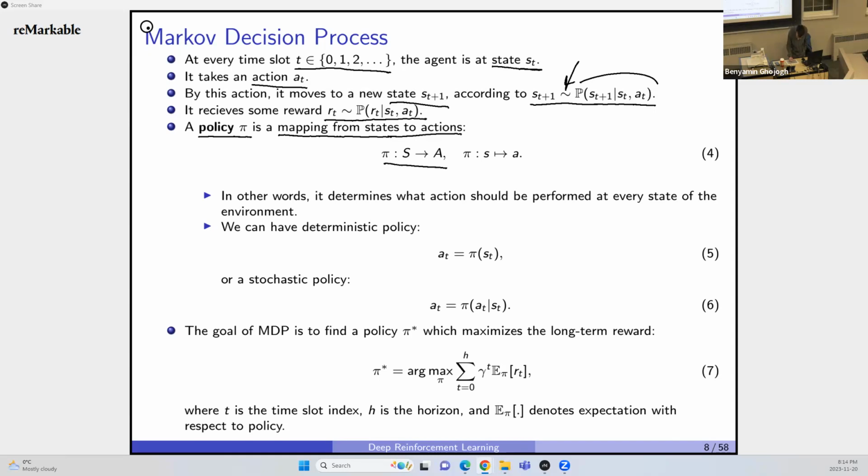So from the state space to action space. It maps state to action. What is the difference of these two notations in mathematics? This means map. This means the relation of spaces before and after map. So this is a space.